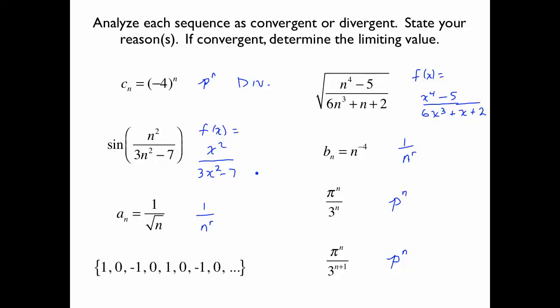And the denominator is going to end up being like 3x squared. This minus 7 is not going to mean anything when x gets really, really big. So you essentially have x squared over 3x squared, which equals 1/3. So this goes to 1/3 as x approaches infinity, as x gets really large.